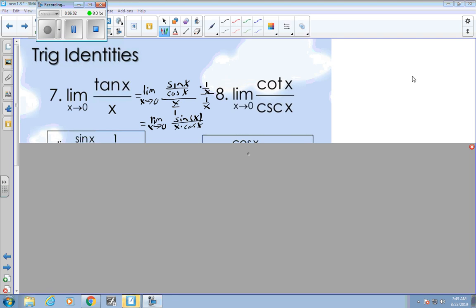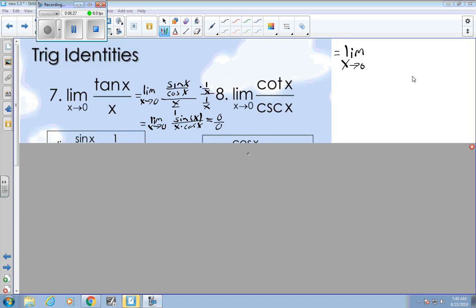So remember, one of our limit properties from yesterday, the product of the limits equals the limit of the product. So I can actually split this into two separate limits. Right now if I plug in 0, sine of 0 is 0, and x is going to kill off the bottom, so I have 0 over 0.